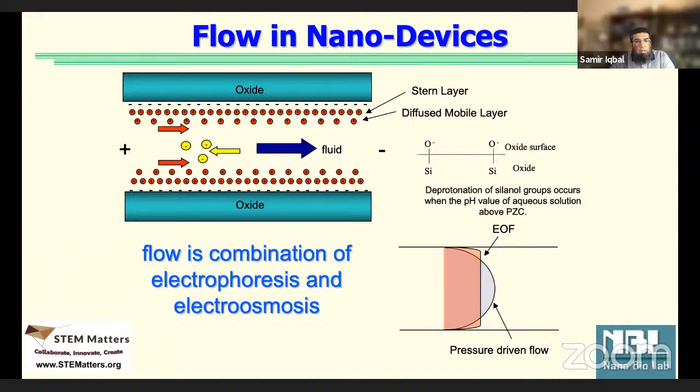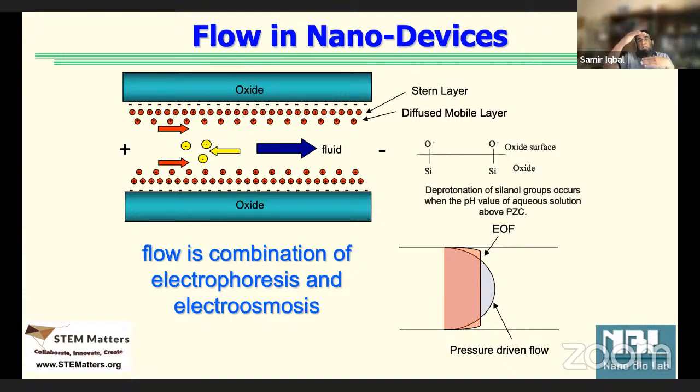So if you want to separate out the way we have done there in yellow and red, the electrophoresis is causing both solid and liquid to flow, to be separated out under the influence of electric field, whereas electroosmosis will only affect the liquid particles, the ions in this example, under the influence of electric field.